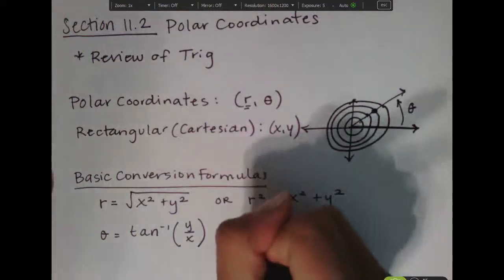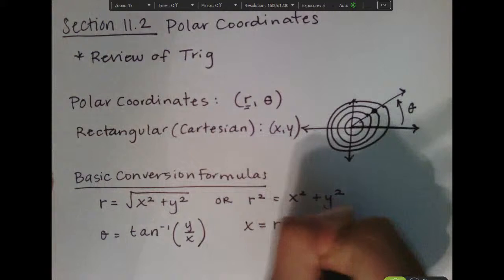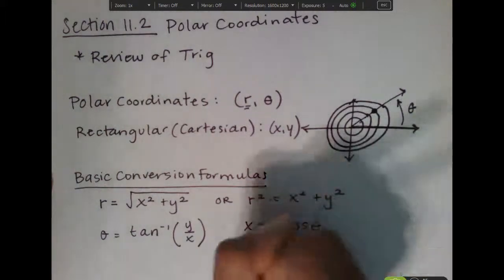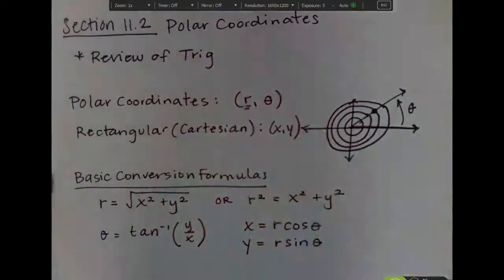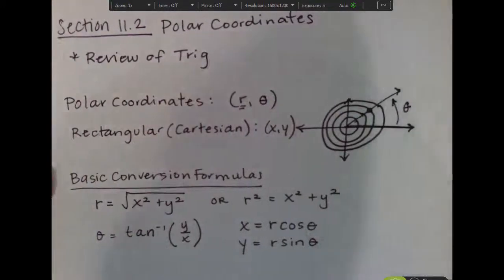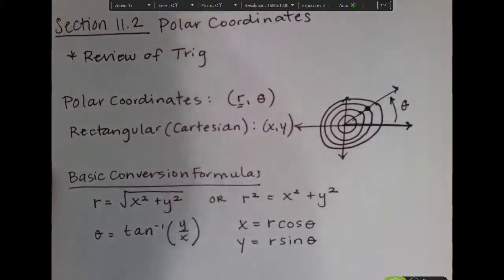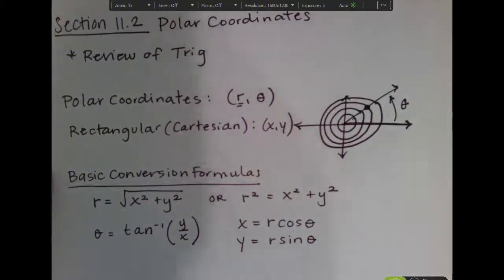And then x equals r times the cosine of theta, and y equals r times the sine of theta. So hopefully you remember some of those formulas. Let's go ahead and use them in some examples when we are converting between polar coordinates and rectangular coordinates.